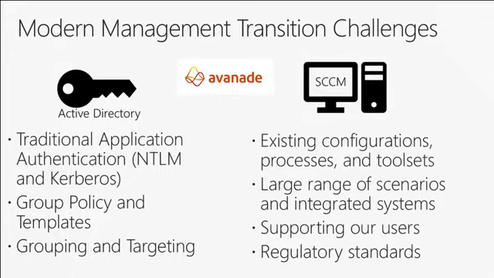So the first bucket is challenges that go along with having Active Directory as the main model for your machines. If you're anything like us, you're looking at the cloud, you've embraced the cloud to a certain extent, and we're very focused on the cloud, SaaS applications, Azure Active Directory is the way to go.